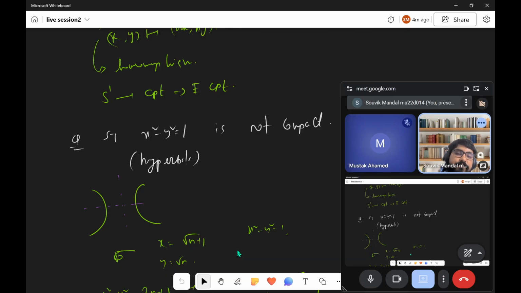So that's why the hyperbola is not a compact set, right? Is it clear? Okay.